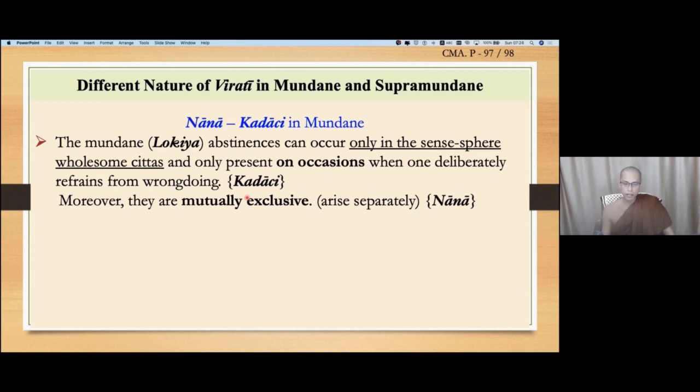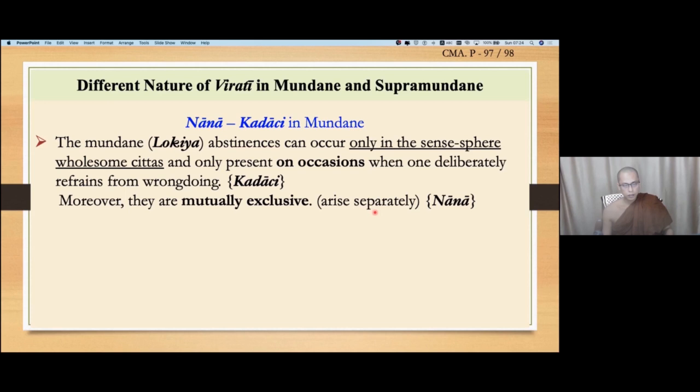So only one of the three virati can arise at one particular moment. So in the mundane level, they are mutually exclusive. They arise separately.